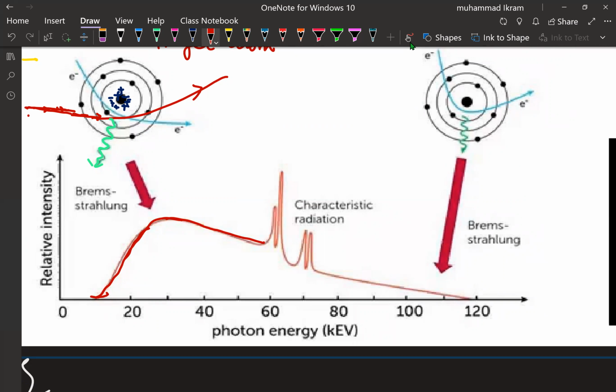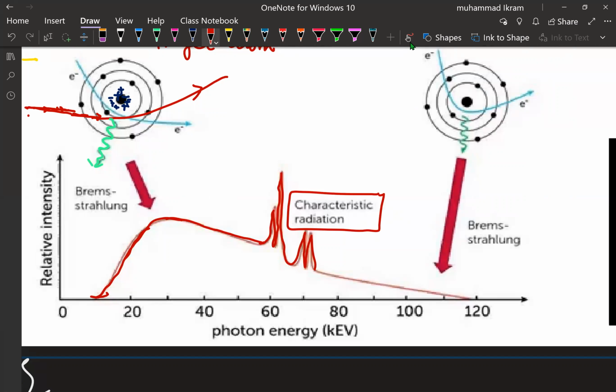Much of this portion of the graph is from Bremsstrahlung radiation, and it includes both processes simultaneously, where you see the very high peak intensity of the emitted X-rays. This is called the characteristic radiation.